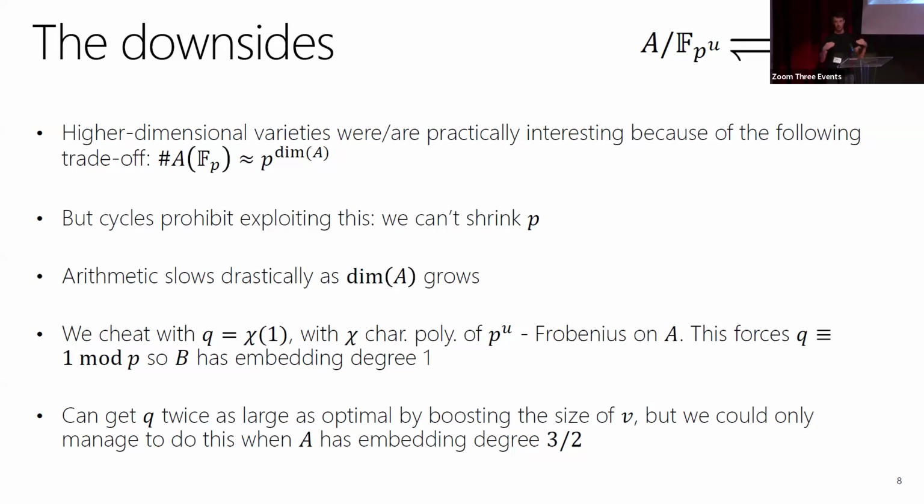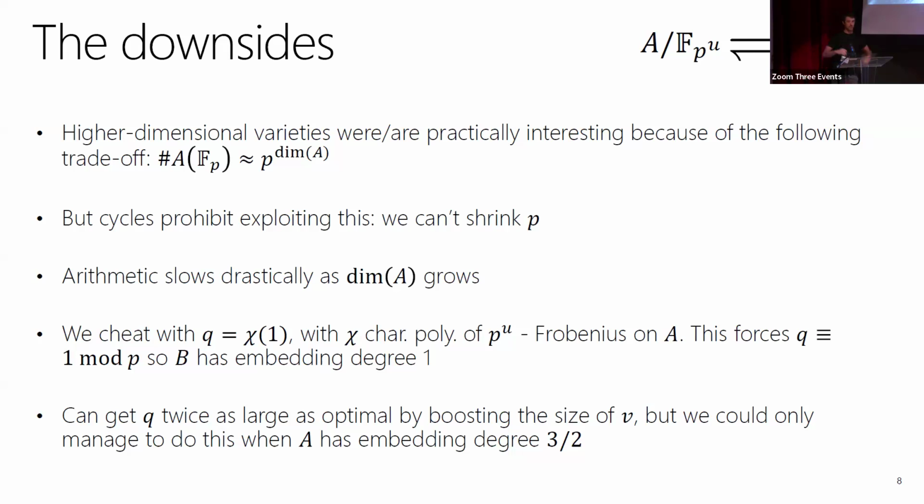We can't shrink P below 256 bits, say at the 128-bit level, because we need it to be secure against Pollard rho on the other side. So the whole reason we would have been interested in high dimensions before was being able to shrink that P, and we're not allowed to do that here. So already that's not a good sign for us.